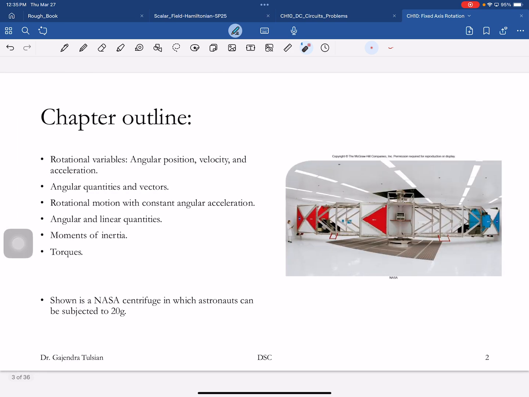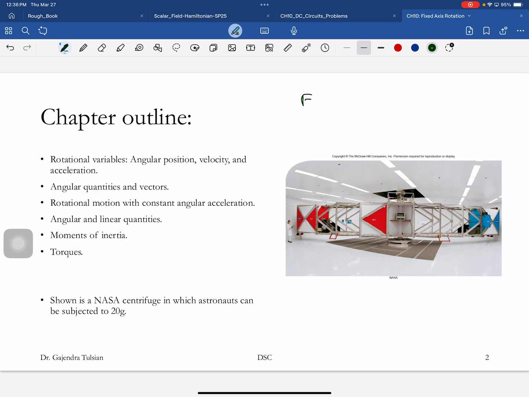So we'll look at rotational variables: angular position, velocity and acceleration, angular quantities and vectors. We'll talk about moments of inertia. Do you guys remember what Newton's second law is?